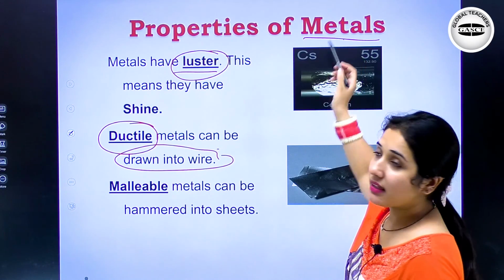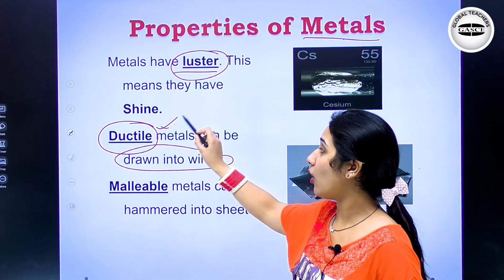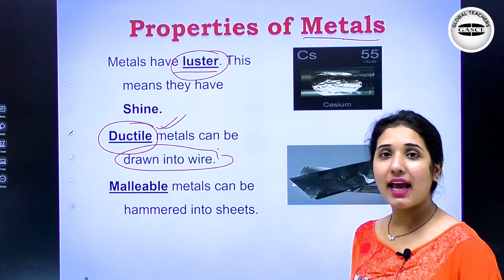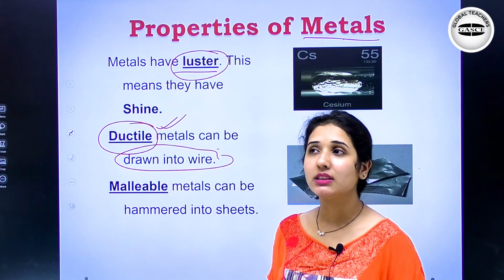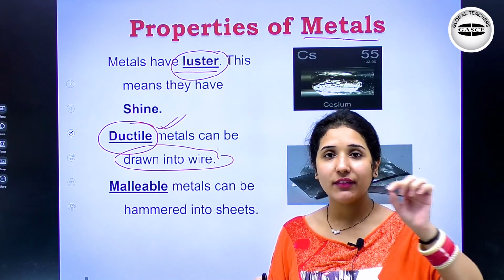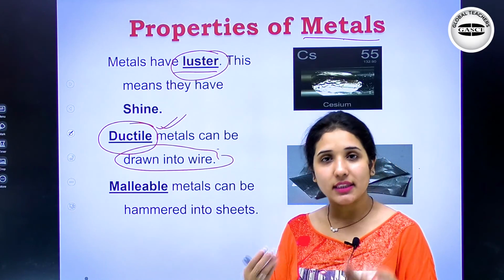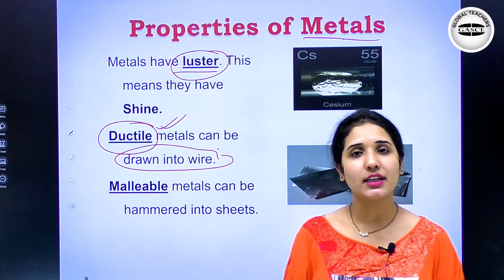So all the metals that we have generally show the property of ductility. That means they can be drawn into very thin wires. Like you must have seen the wires inside an electrical wire. You will see very, very thin wires of copper or aluminium. This is because of the property of ductility.